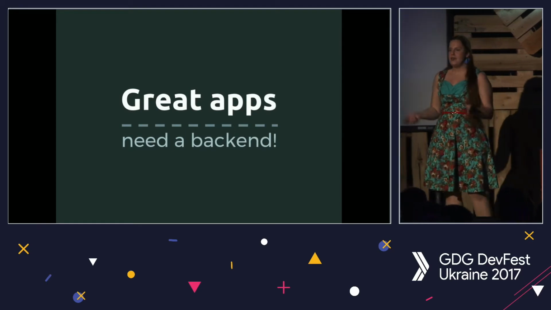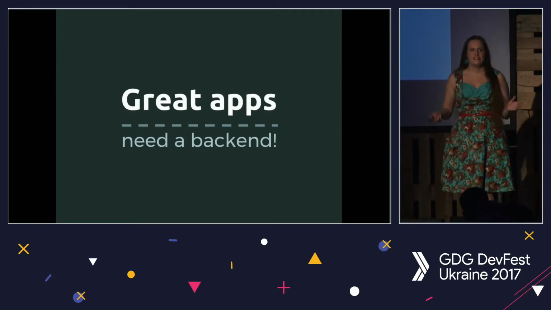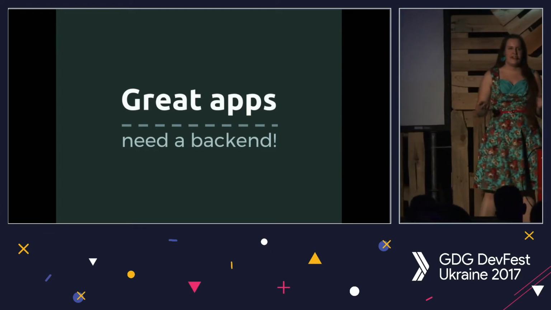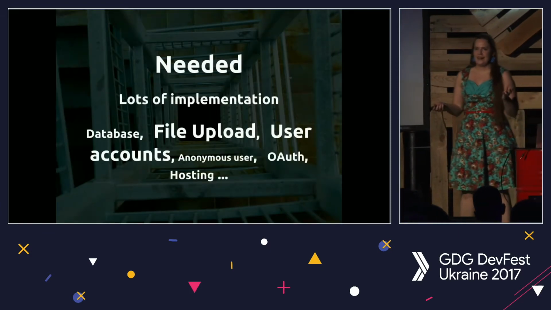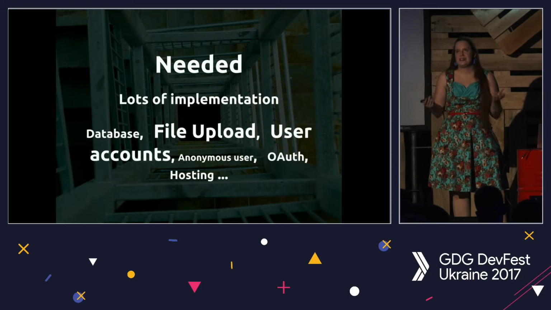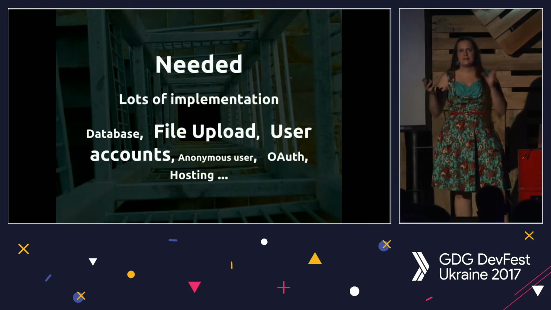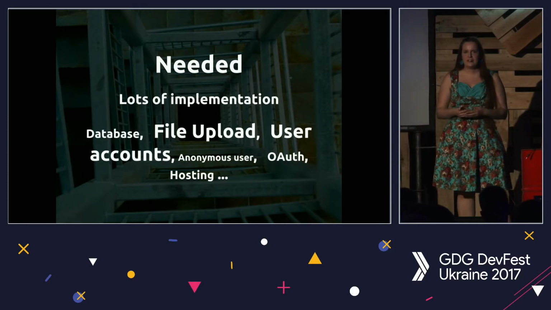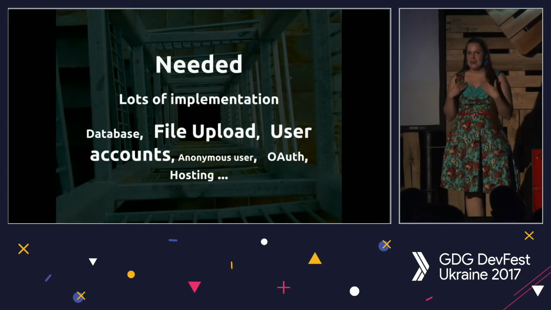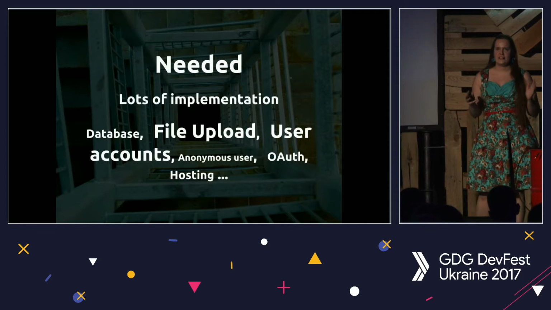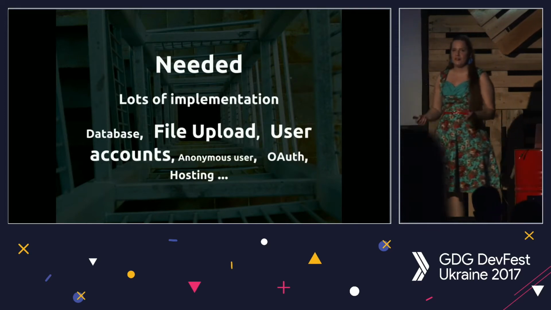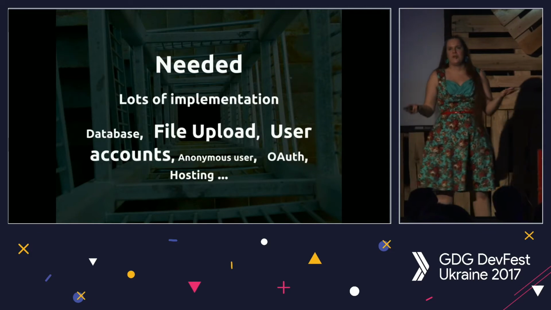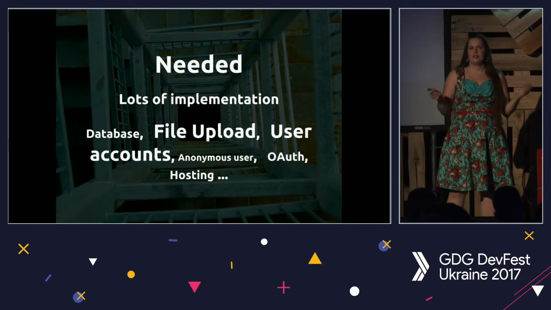Okay, so we already solved our problem for a front-end app, but great apps need a great backend. This backend is very much needed, because usually we need to load some data from the server, and this can be quite a lot of implementation, which, for me, because I love to build beautiful stuff in the web browser, is not very enjoyable.